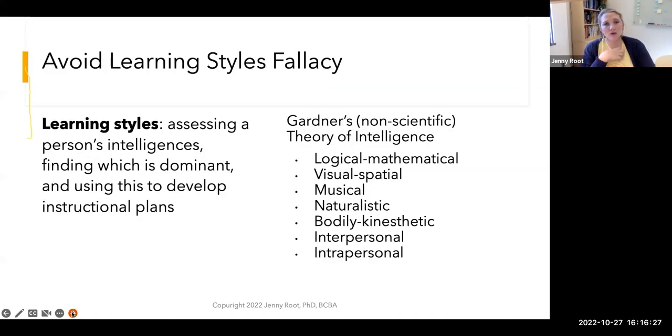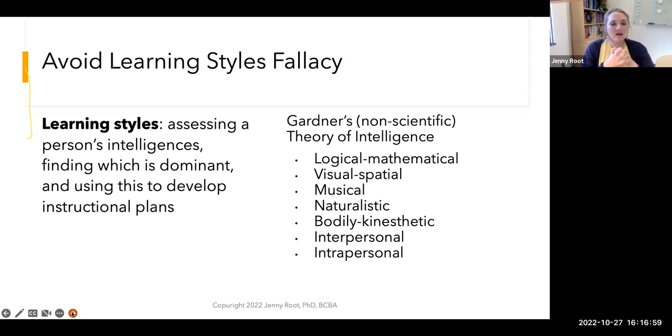Where this doesn't hold is in any experimental studies where they have given people a learning styles assessment and then divided the groups and, for example, presented information auditorily to the auditory learners and visually to the visual learners. You would think, right, that the auditory learners would do better on that and the visual learners would do better on their task. And that never holds true because some types of information just have to be taught a certain way, right?